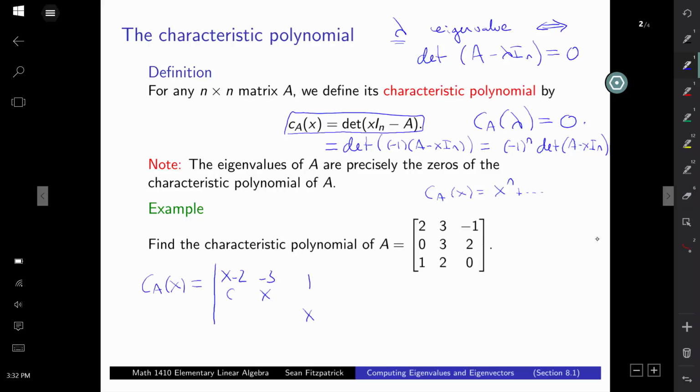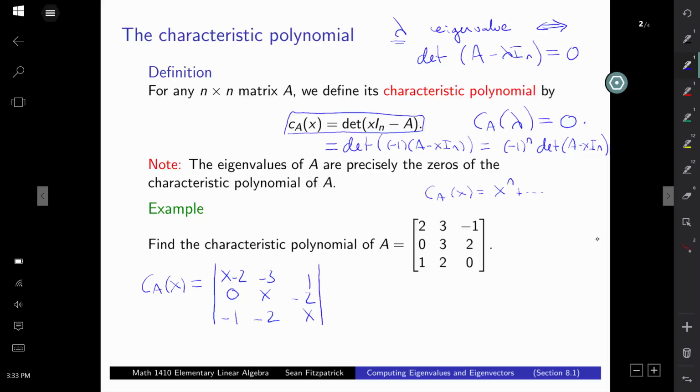Let's try that 0 again. 0 minus 2 is minus 2, 0 minus 1 is minus 2, x minus 0 is just good old x. And now you evaluate this determinant.